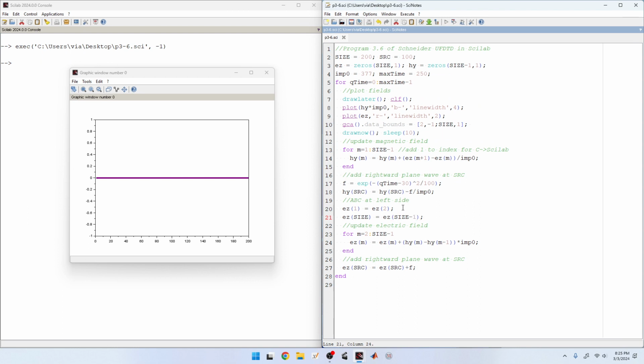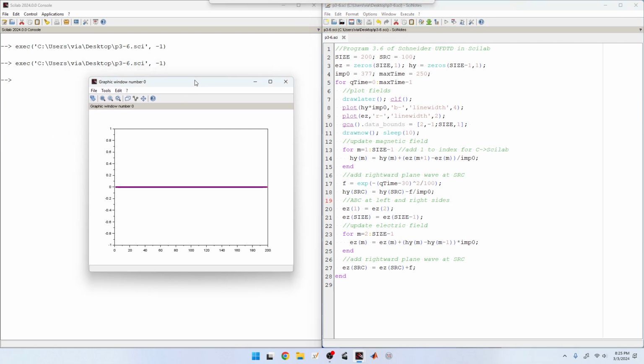This becomes our absorbing boundary condition at left and right sides. So let's see if that works. Yeah, it worked fine. Now we are just using the electric field for the absorbing boundary conditions at both the left and the right side.